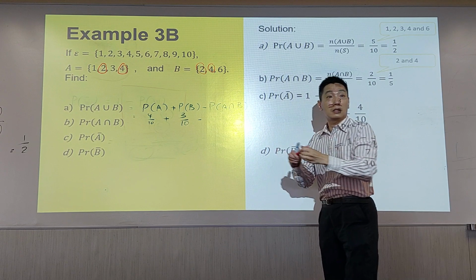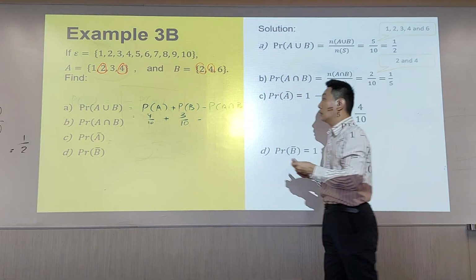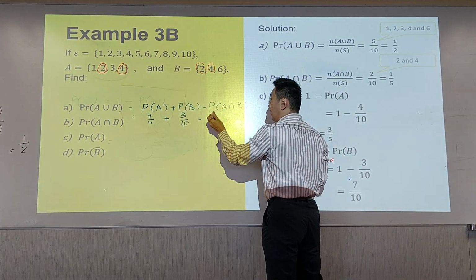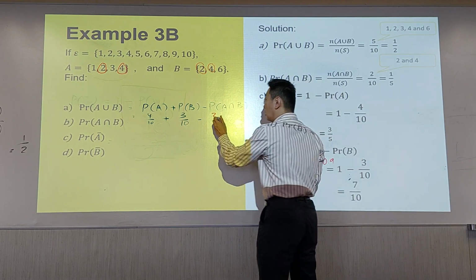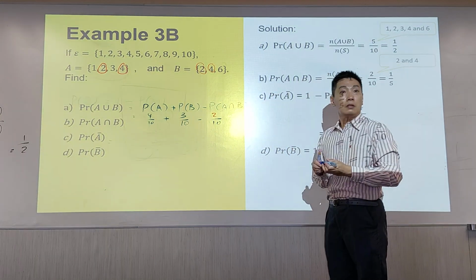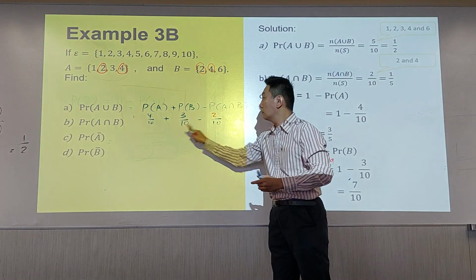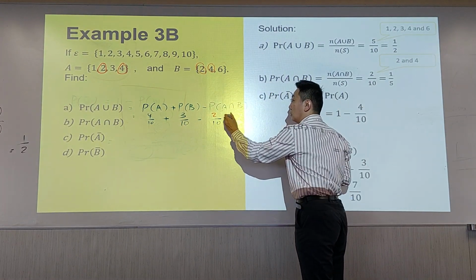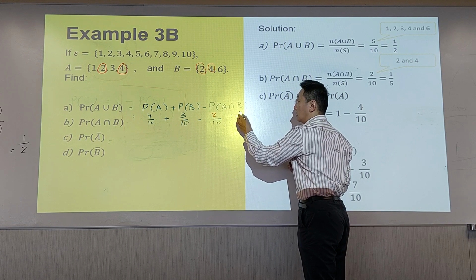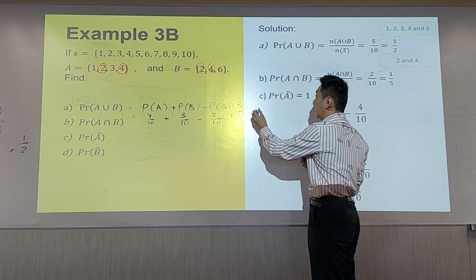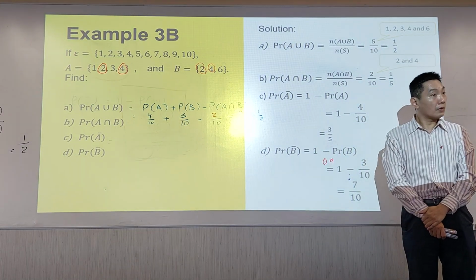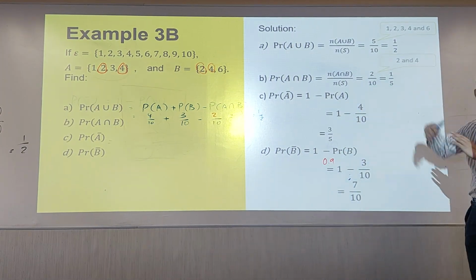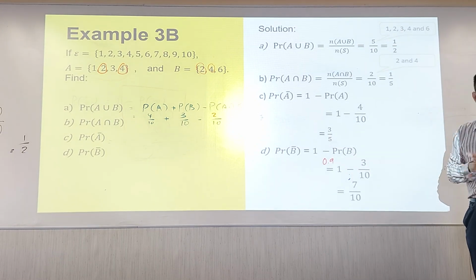So there are 2 elements for A intersect B. Then simplify this, you'll get 5/10, so it's 1/2. So there are 2 methods for you to solve the problem. You choose the formula that you prefer.